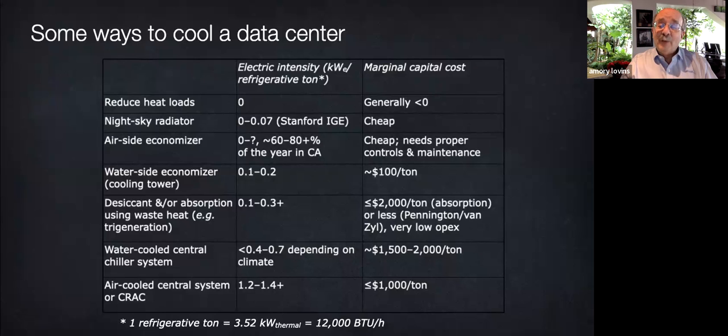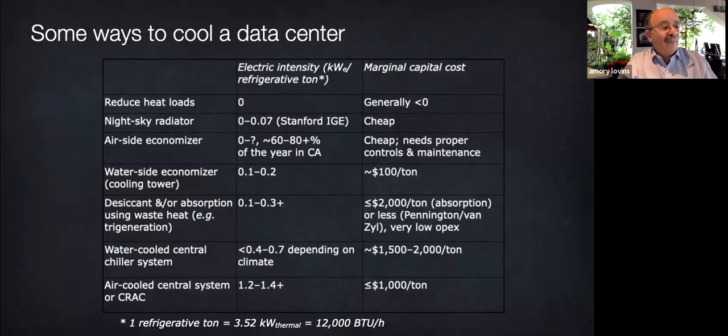That's the rate of cooling delivered by melting a short ton of ice over a 24-hour period, because we used to buy big blocks of ice from a truck that were cut out of a frozen lake somewhere up north. And that's how we did air conditioning before we had refrigerative cooling.